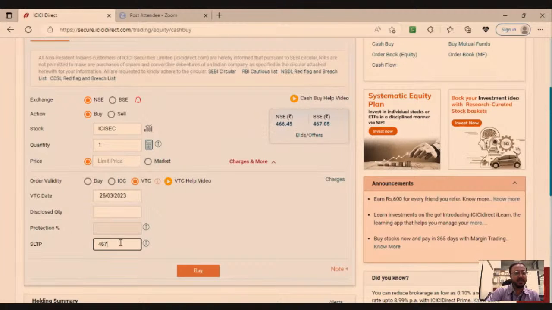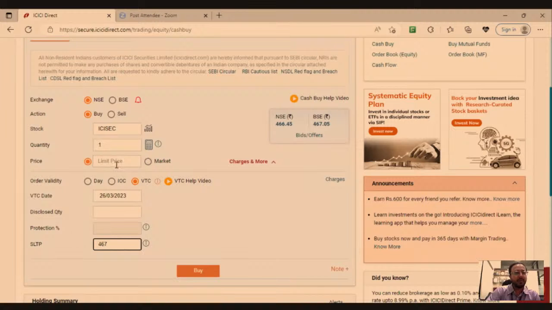If the market opens on Monday and ICICI Securities opens at 467 or beyond that, my order will be triggered to the exchange.